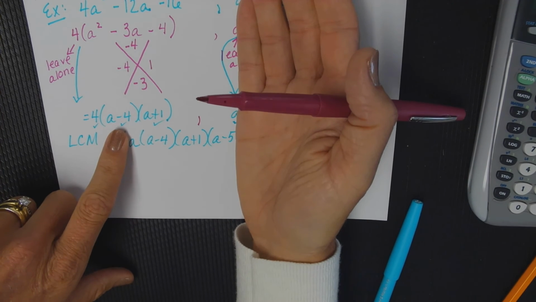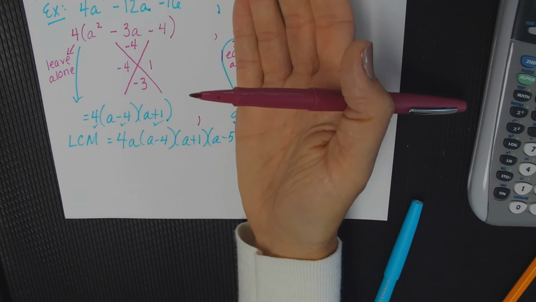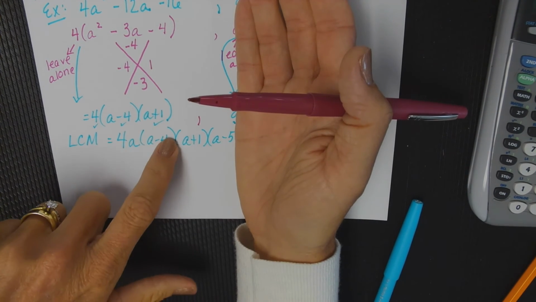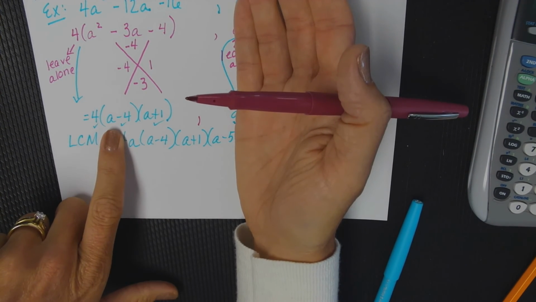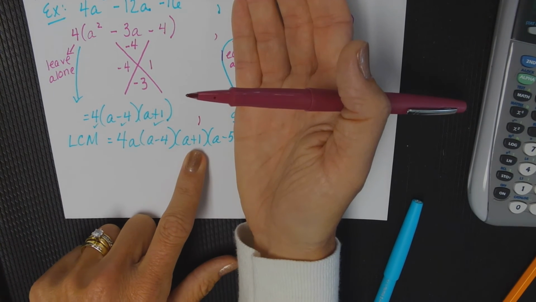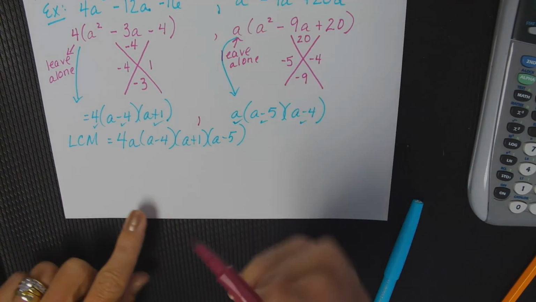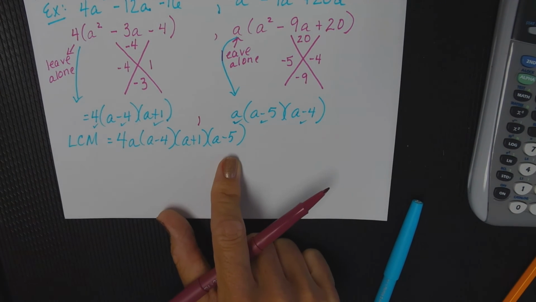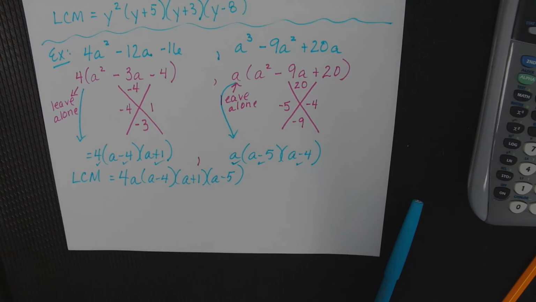We only write it once. If we wrote it twice, it would have to appear in the same problem, in the same trinomial. If this was a minus 4, a minus 4, we would write a minus 4, a minus 4. Do you see? That's why these are so long. Okay, now I want to do 1, maybe 2 problems. Let me scoot this down.